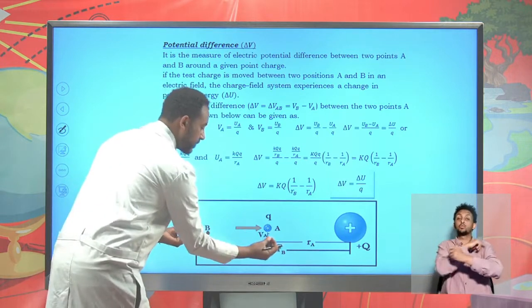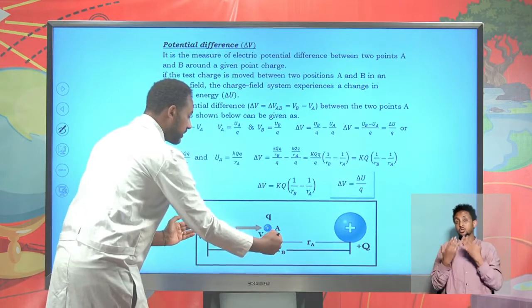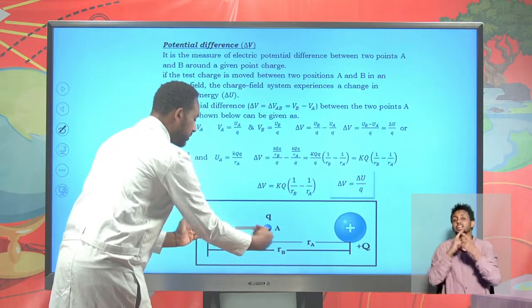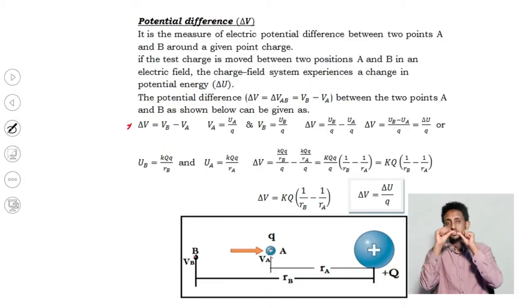The potential here and the potential here are totally different. So we are asked to find the potential difference between two points. Potential difference measures the difference in electric potential between two locations, and it's very important. Sometimes in electrodynamics it's known as voltage. We call it voltage or potential difference for point charge systems.